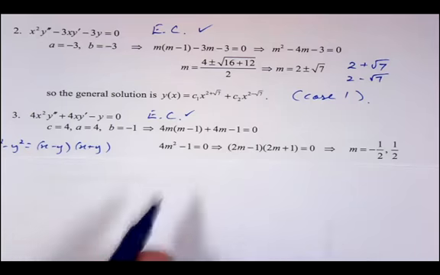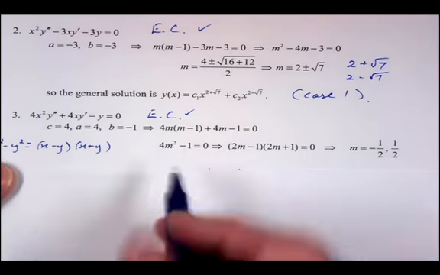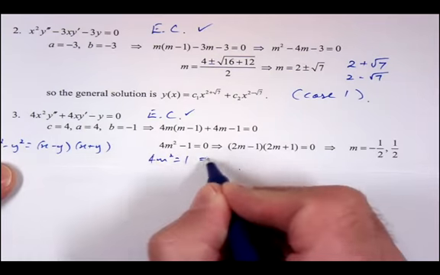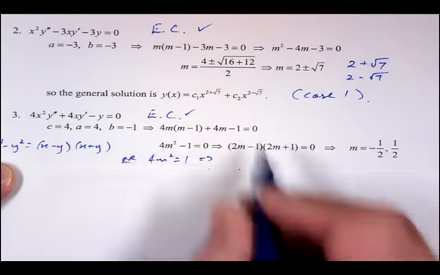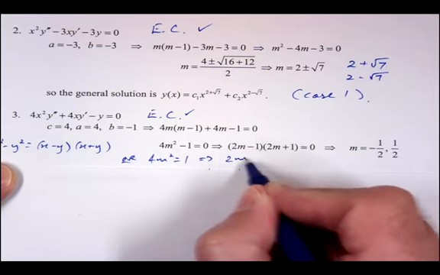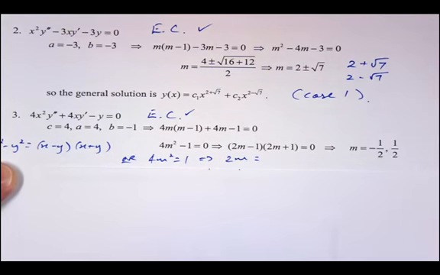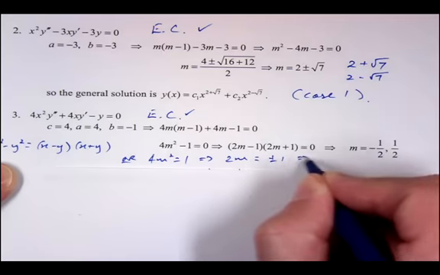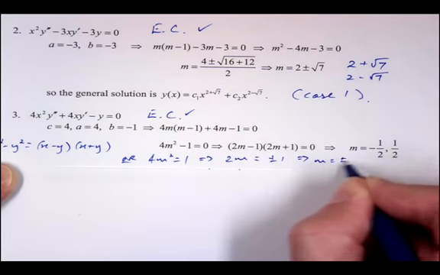In fact, probably a better way to solve this would be to just say that then 4m squared equals 1, which means that 2m equals, take the square root, what's the square root of 1? Plus or minus, you must remember the plus or minus 1, which means that m is plus or minus a half.